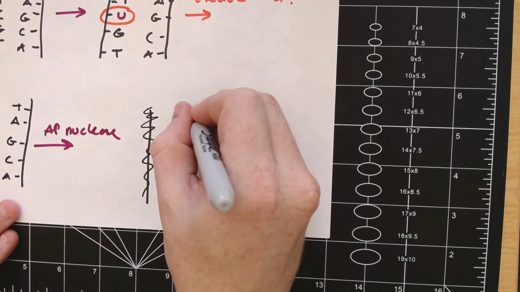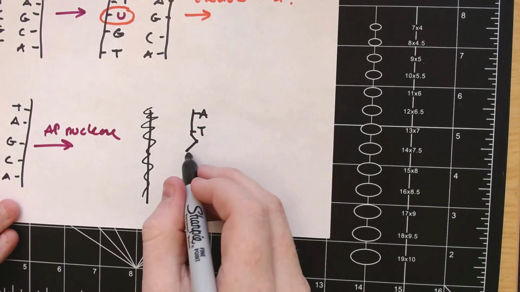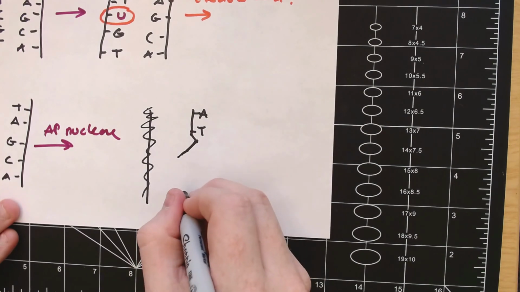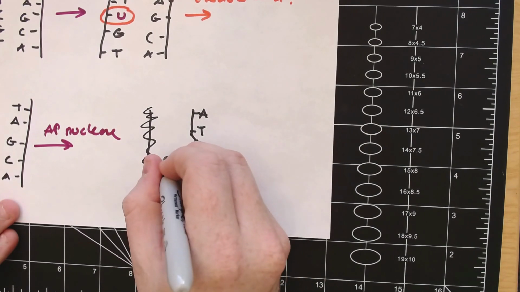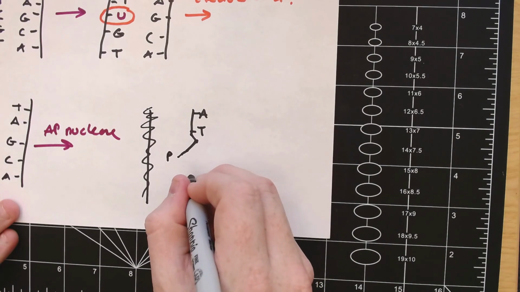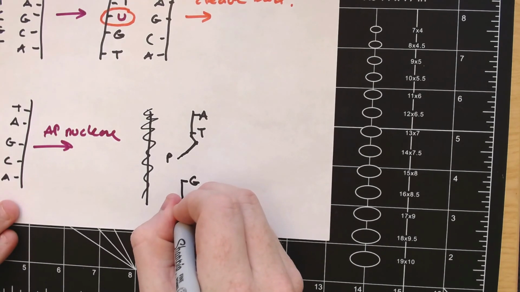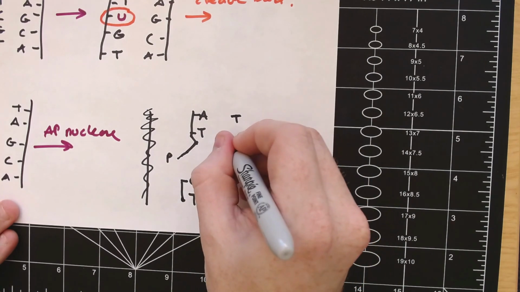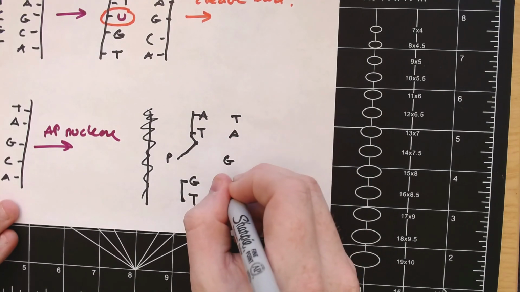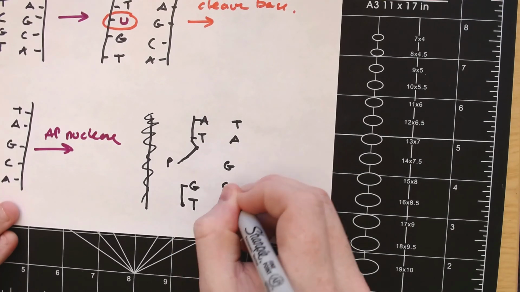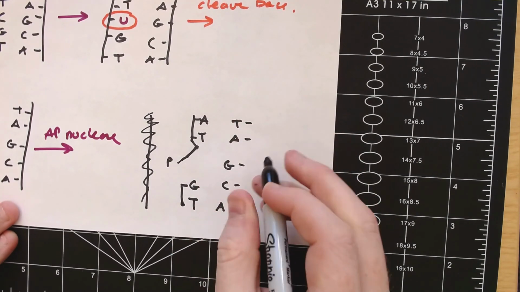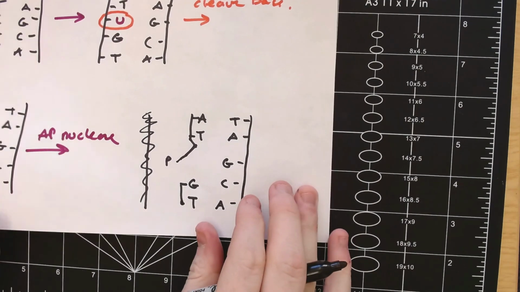So we'll get an A, T, and we've got this little flap hanging over here with a 5' phosphate, and we've got the G and the T here. T, A, G, C, A. So we've got all of those.